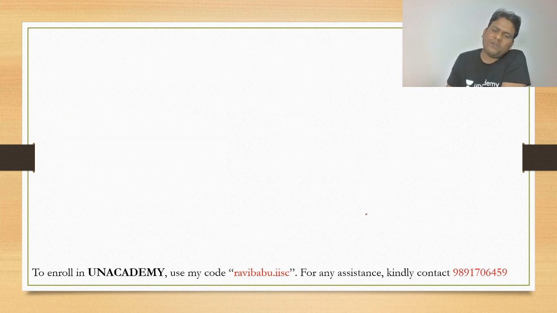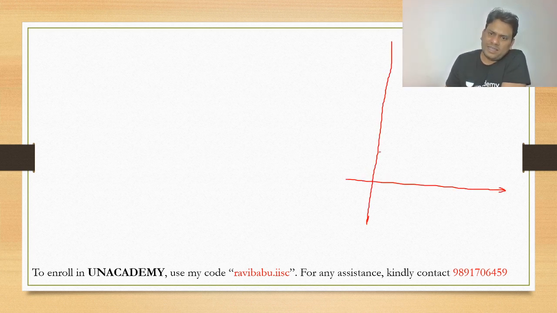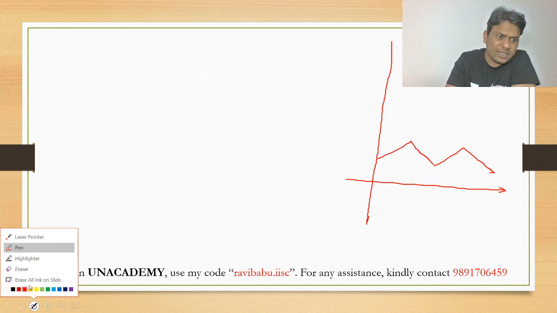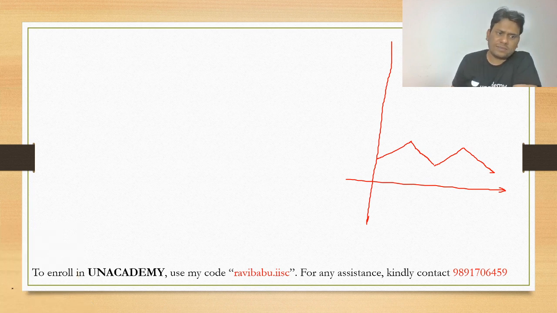The V0 waveform will look something like this. Here there will be some variation in voltage with respect to time, dear. We can write here V naught min, this is V naught max, or you can also write VC max, VC min.